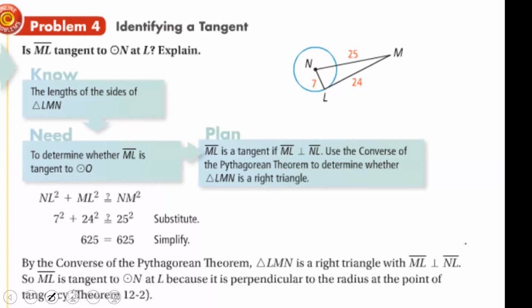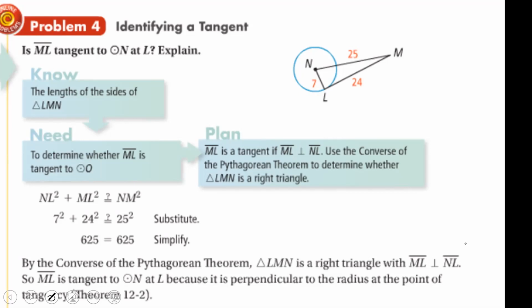So when can I say that this is a tangent or not a tangent line? If it forms a right angle or not. Yeah, exactly, with the radius. If the tangent line is perpendicular to the radius, it forms a right triangle. But if it is not a tangent, it doesn't form a right triangle.